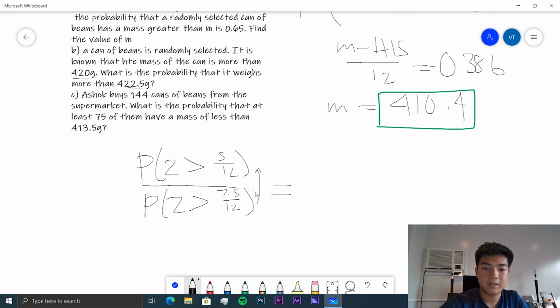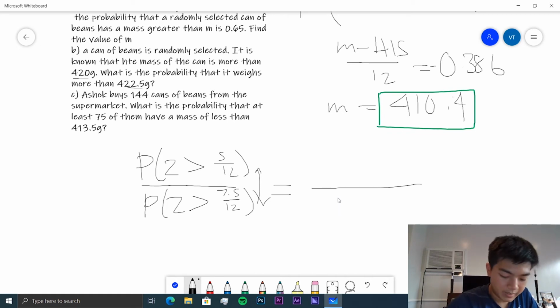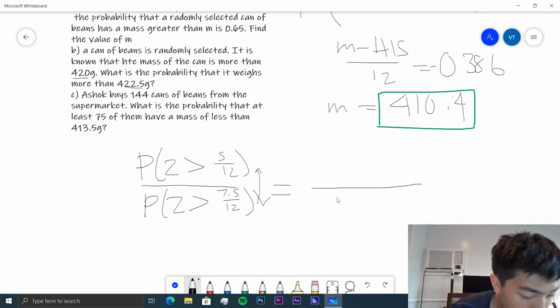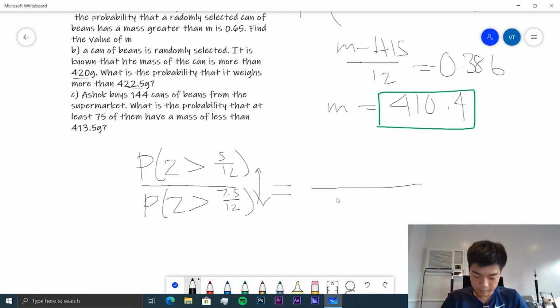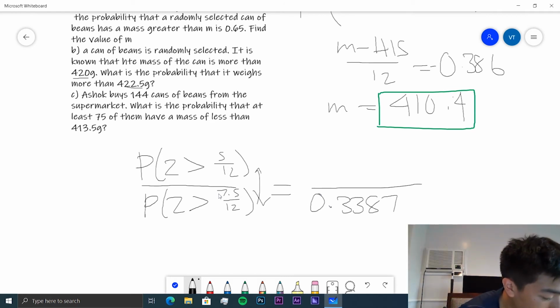Oh, actually, sorry, this should be the other way around. So I'm going to put 5 over 12 at the bottom, and that is 0.416 plus 0.0022. 1 minus this. So I got 0.3387 as that chance, and then 7.5 over 12 is 0.625.